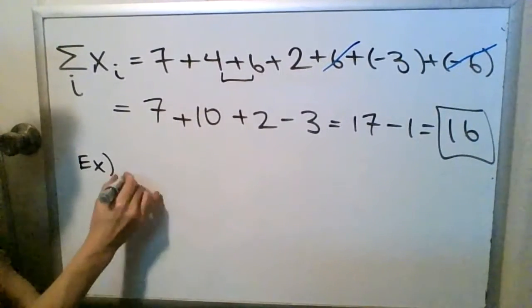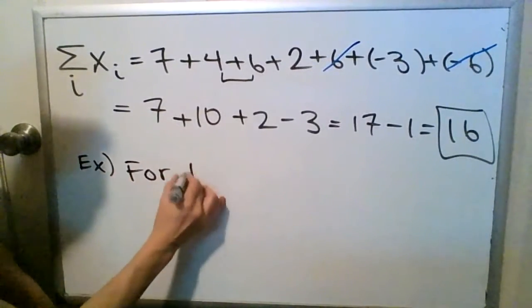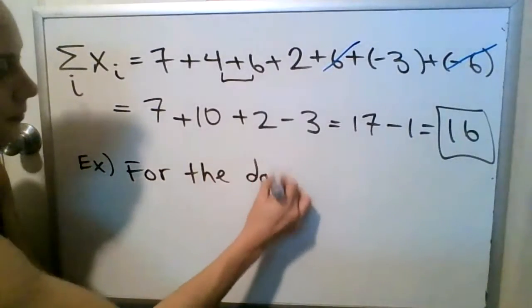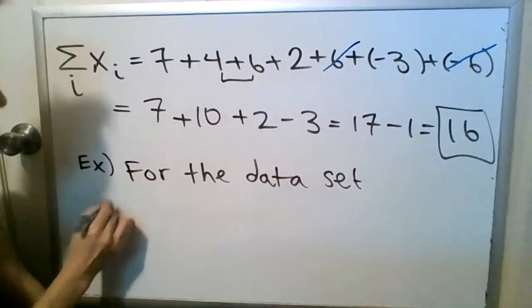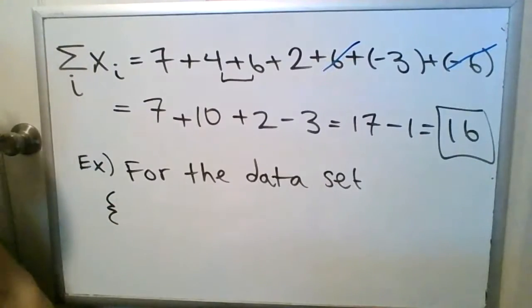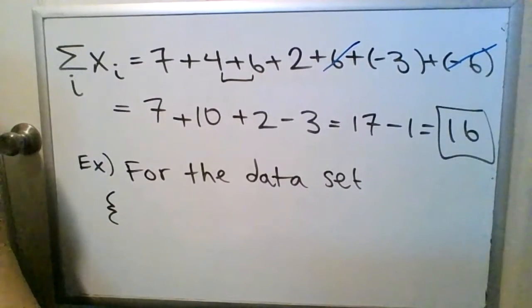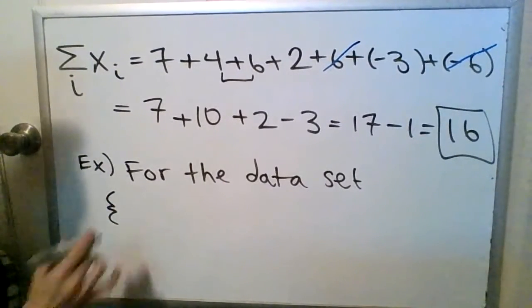For the data set that contains -20, 0, 4, and 7.